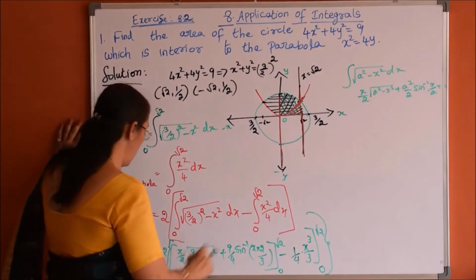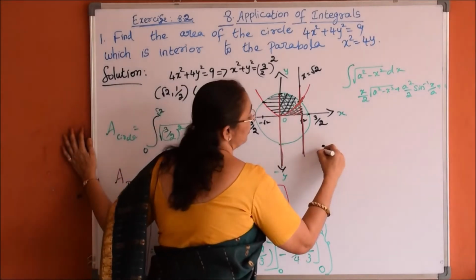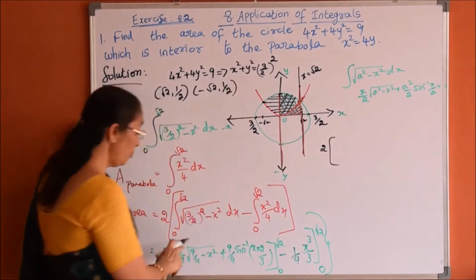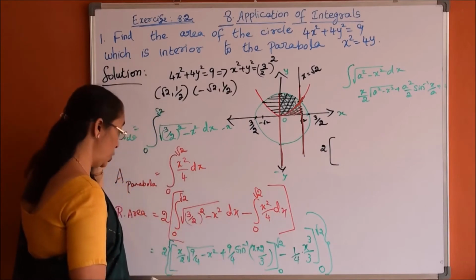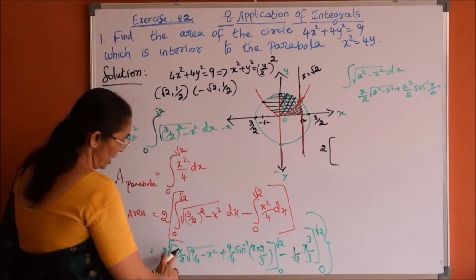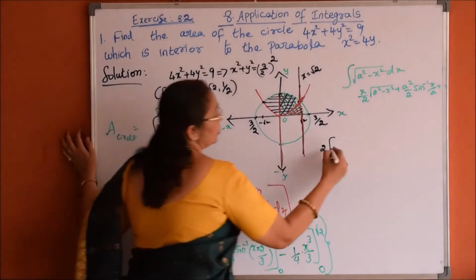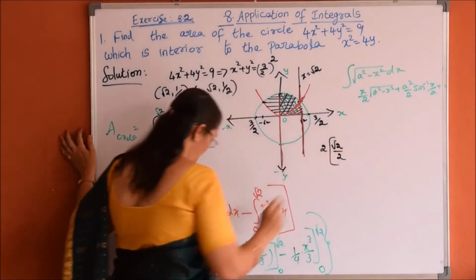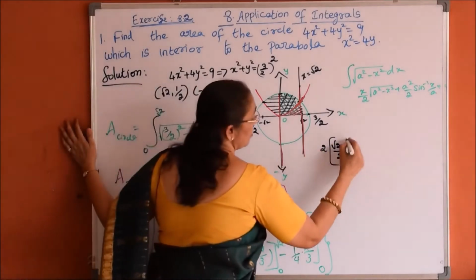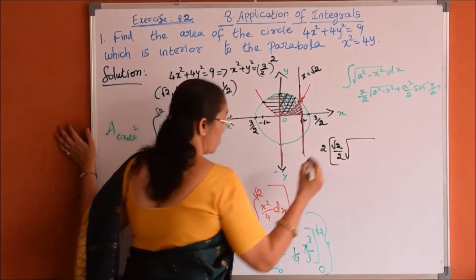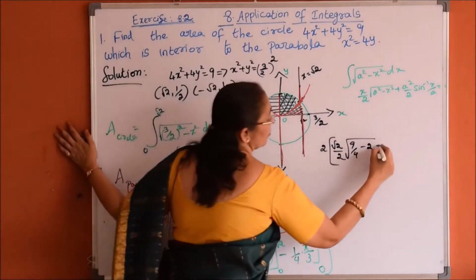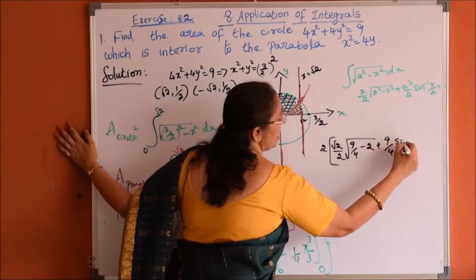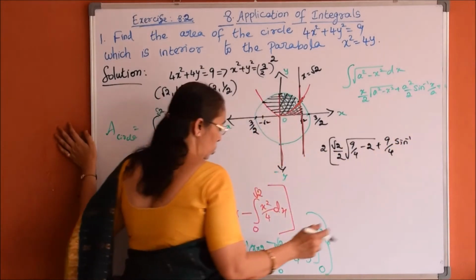This 2 is there outside, 2 times the upper limit root 2. So, when we apply the limits 0 to root 2, x by 2 becomes root 2 by 2, into root over 9 by 4 minus x square, 9 by 4 minus 2, plus 9 by 4 into sine inverse of 2 root 2 divided by 3.